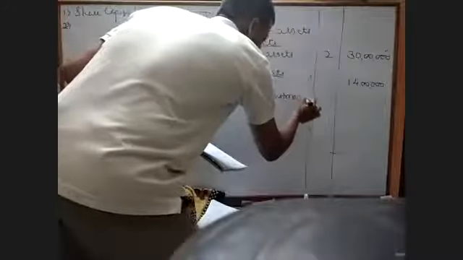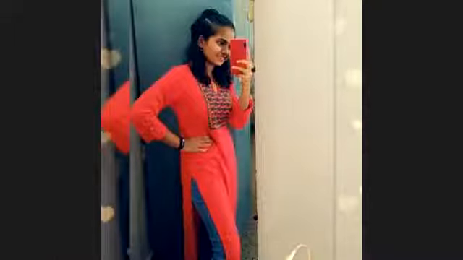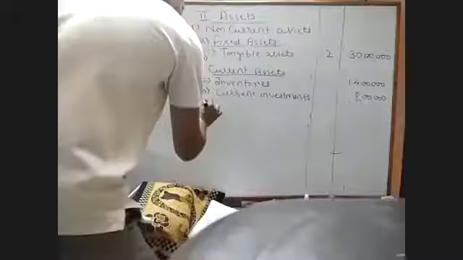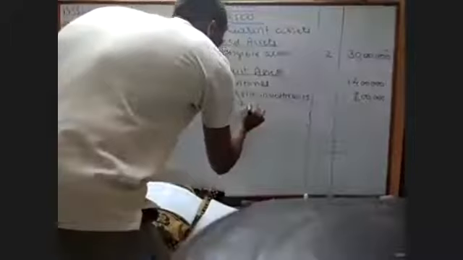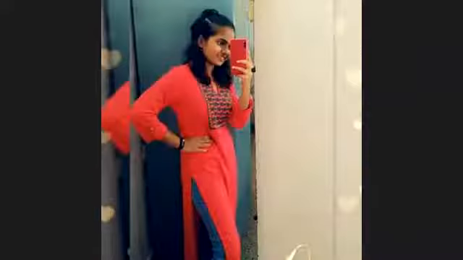What is the amount of current investments? 8 lakh. And the last one is C, cash and cash equivalents. Even though he has given cash equivalents, we have to write the full name, that is cash and cash equivalents. What is the amount? 10 lakhs. And now you can take the total.